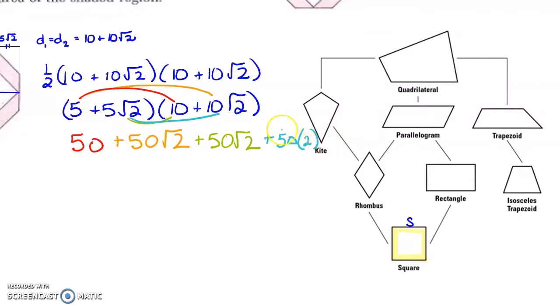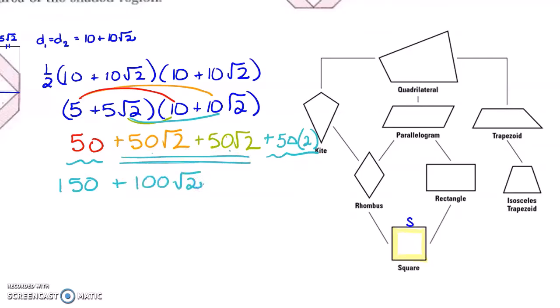So that's going to be 100 plus 50, and then I have these two that can combine as well. And there's my area of the square.